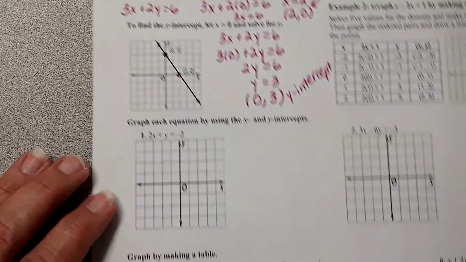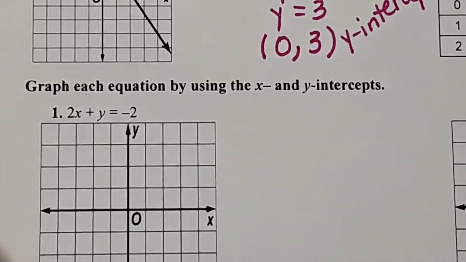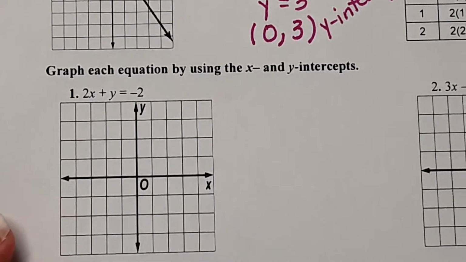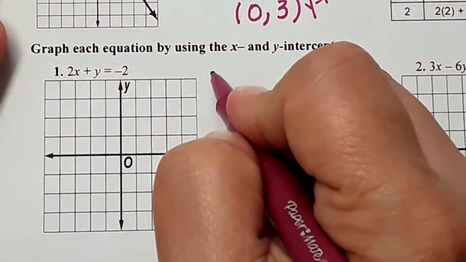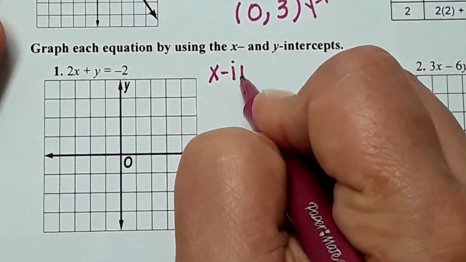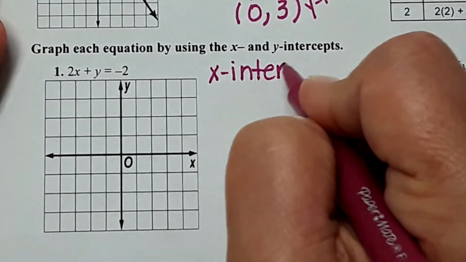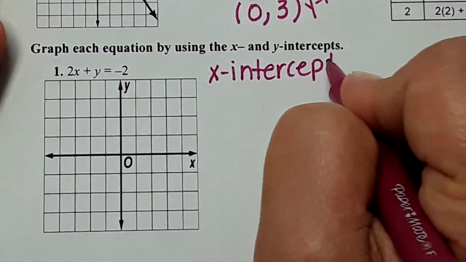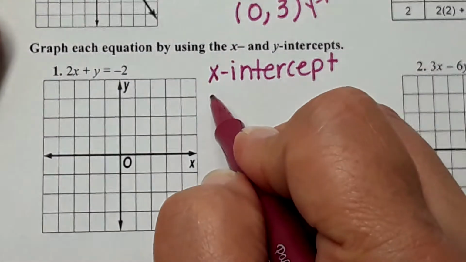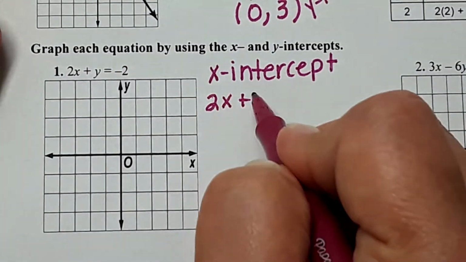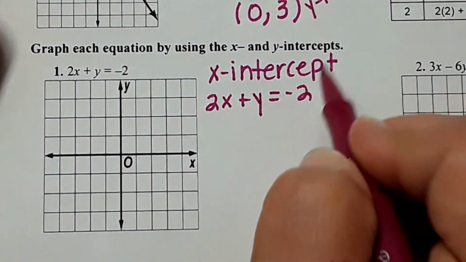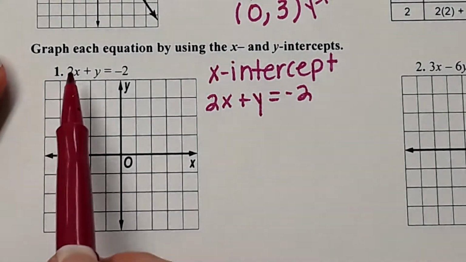Okay, so number 1. We're going to find the x-intercept and the y-intercept. The first one we're going to do is the x-intercept. So my equation is 2x plus y equals negative 2. That's my equation, because that's the one they gave me.